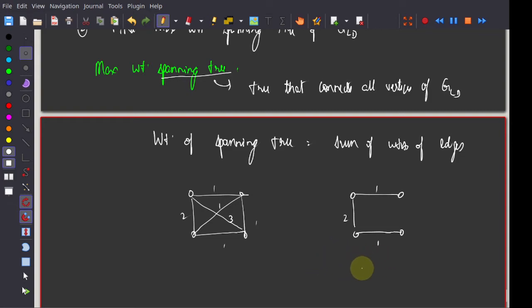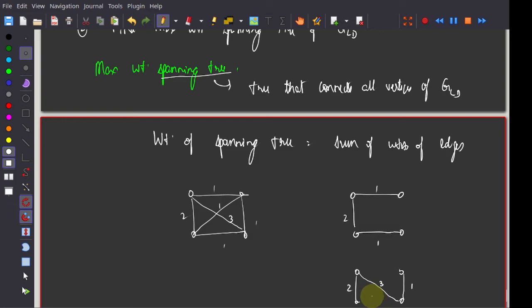Here is another spanning tree. This has weight equal to 1.